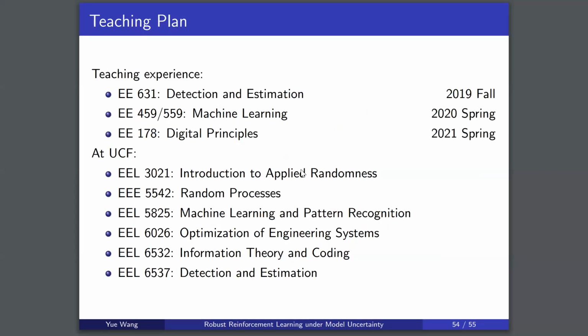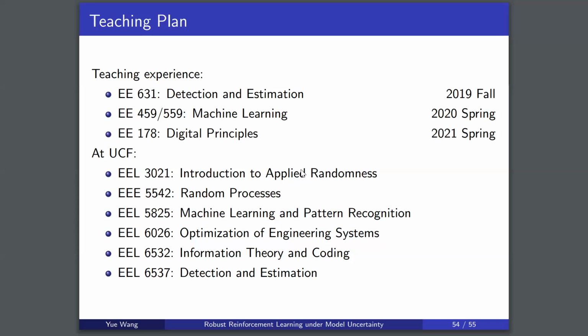So finally, the teaching plan. During my PhD period, I served as a teaching assistant in courses including detection and estimation, machine learning, and digital principle. So I'm very comfortable teaching courses related to the foundations of electrical engineering, mathematics, or machine learning.